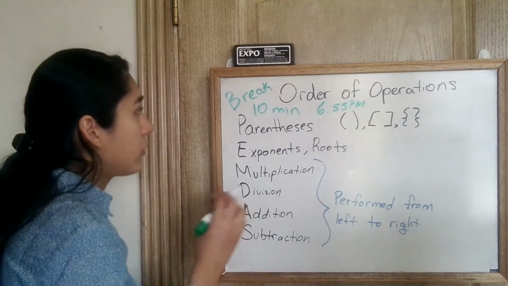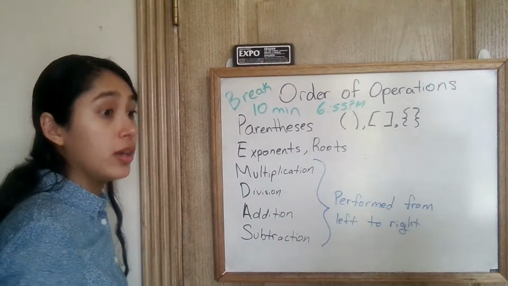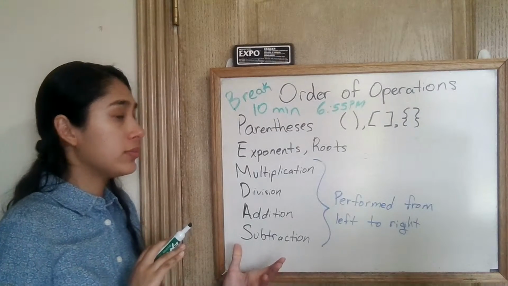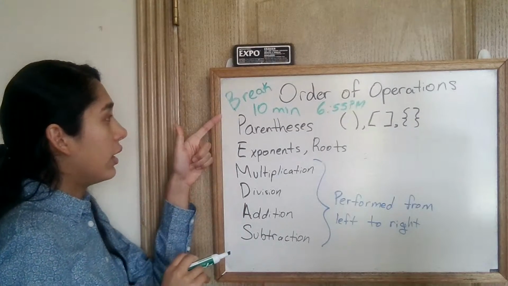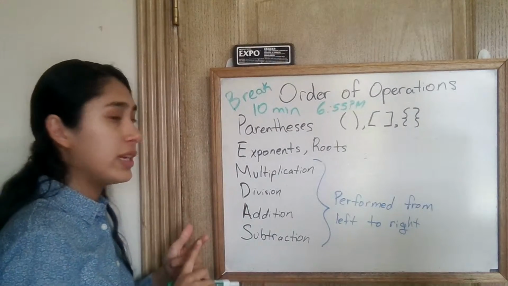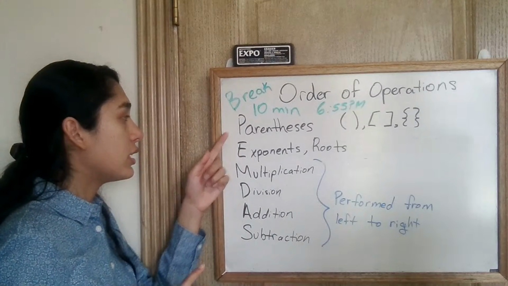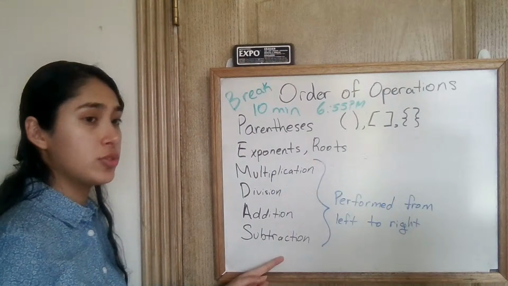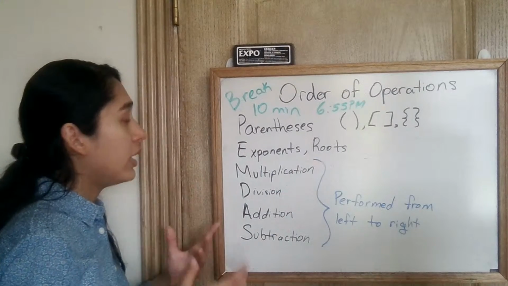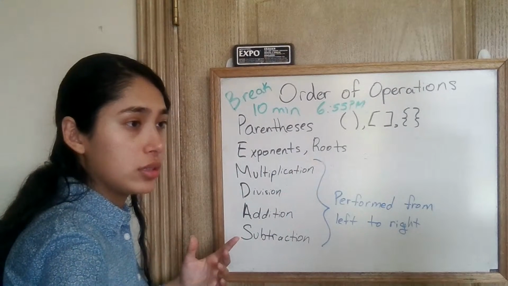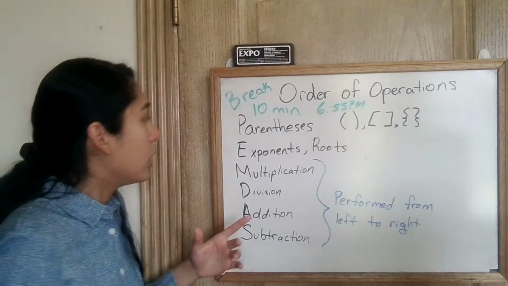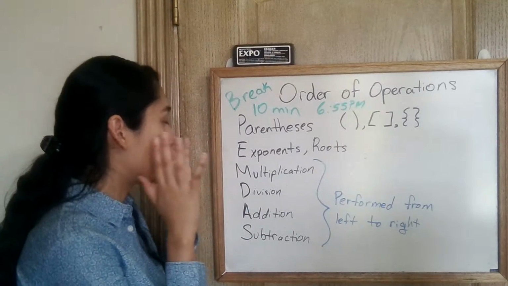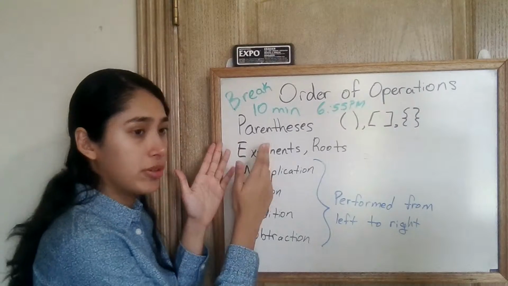So, just as a quick recap, the great thing with the live stream is that you can always just go right back into it. We were talking about the order of operations, which is parentheses, exponents, roots, multiplication, division, addition, and subtraction. When you look at an equation, the first thing you deal with are the parentheses.